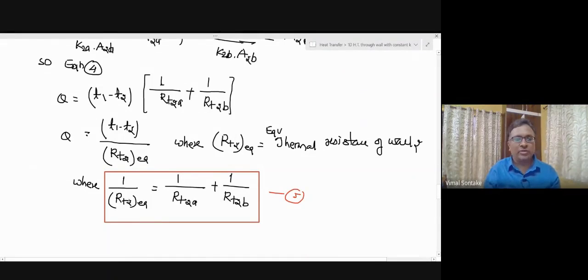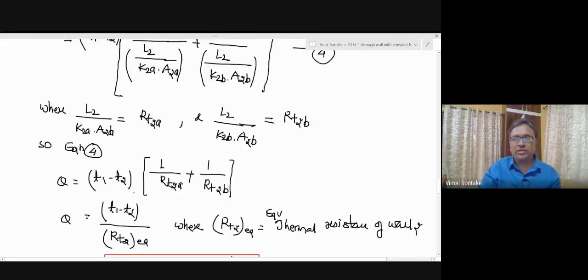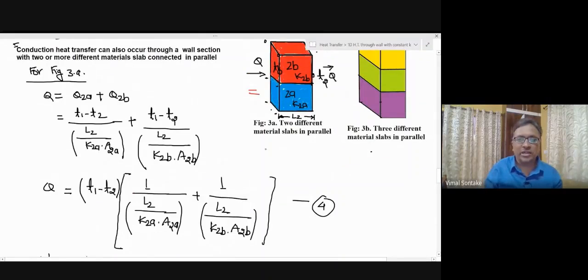I can represent this RT2 equivalent by the equivalent electrical circuit of this wall. So this is Q, this is Q. This will be the thermal resistance RT2A.